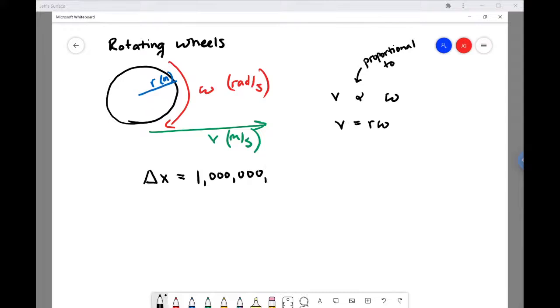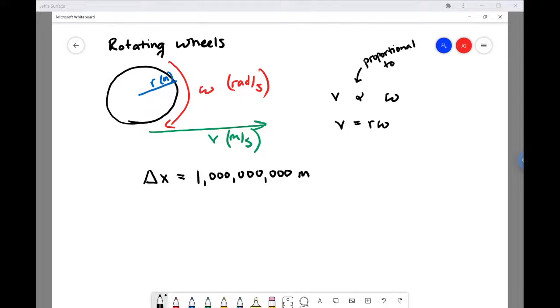Okay, 1,000,000 kilometers is 1,000,000,000 meters. So it's traveled that far. That's a linear distance, but you want to figure out how many rotations that corresponds to.